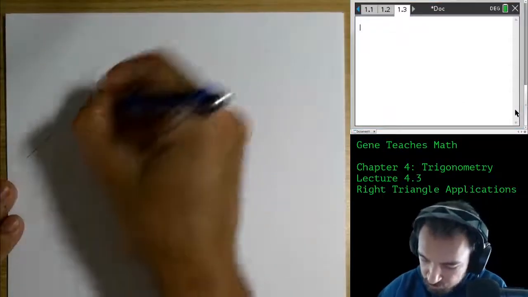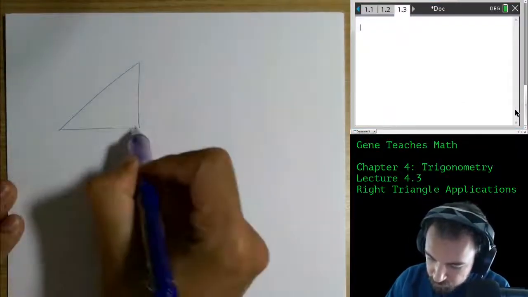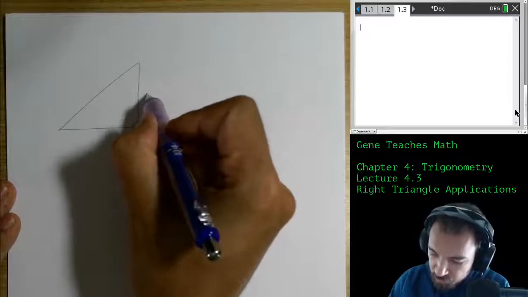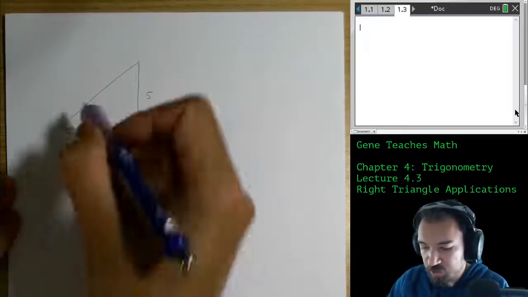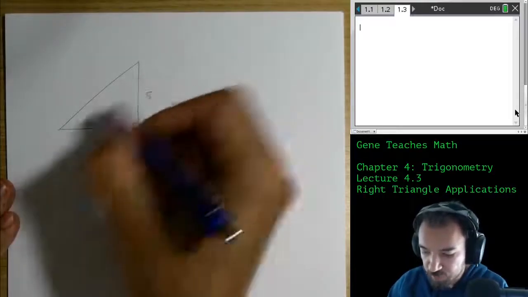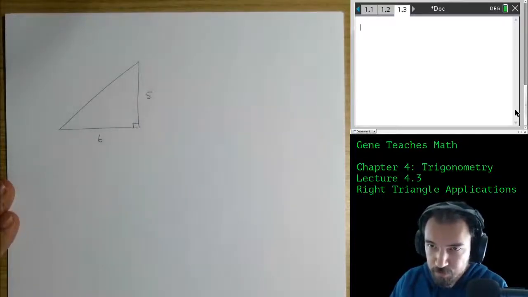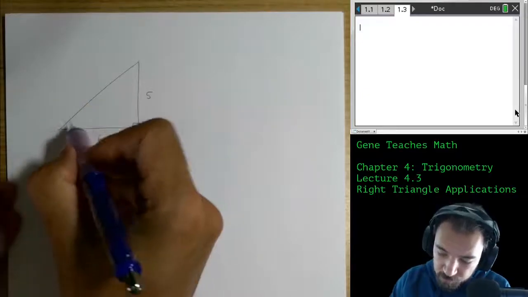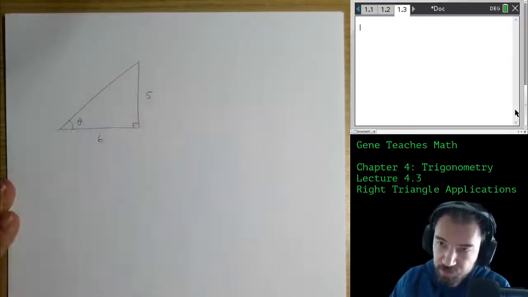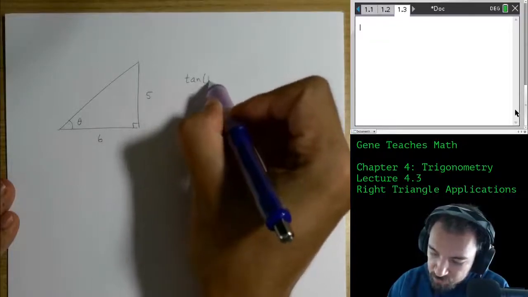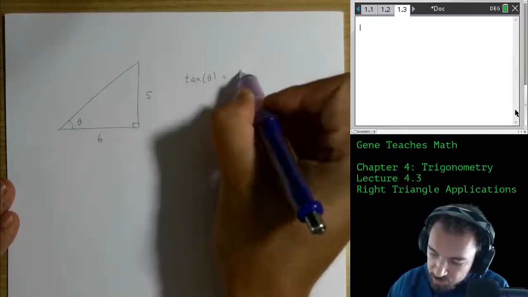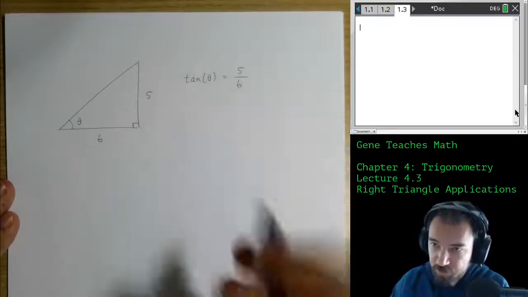Now let's take a look at another triangle. Let's say this time we know 2 of the side lengths, but we don't know any of the angles except for the 90-degree angle. But what if we label this angle theta? We can write the tangent of angle theta is opposite over adjacent.